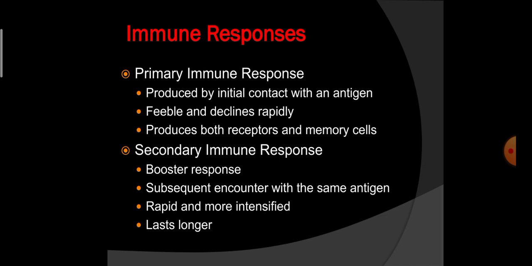It is also called booster response, and here the response is more rapid and intensified. This immune response lasts longer than the primary immune response. In primary immune response, we had seen that it declines fast.